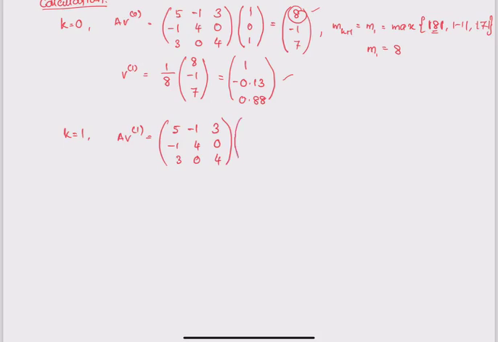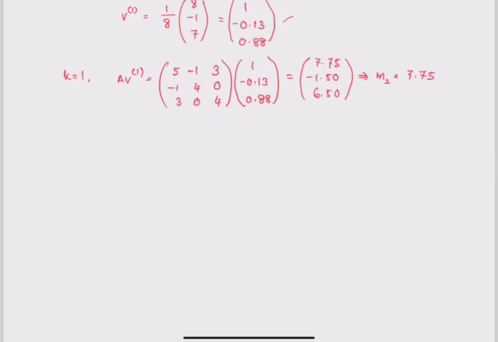And our V1 now is 1, negative 0.13, 0.88. If we put it in the calculator, this multiplication is 7.75, negative 1.50, 6.50, and it implies that our largest, or M2, is 7.75.